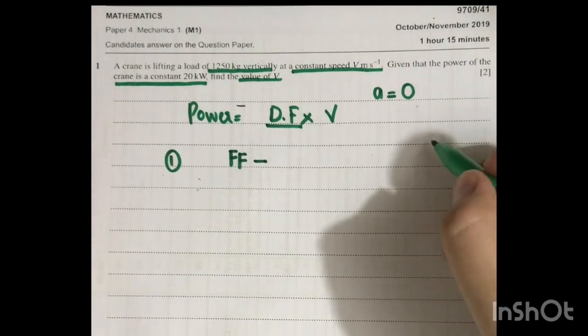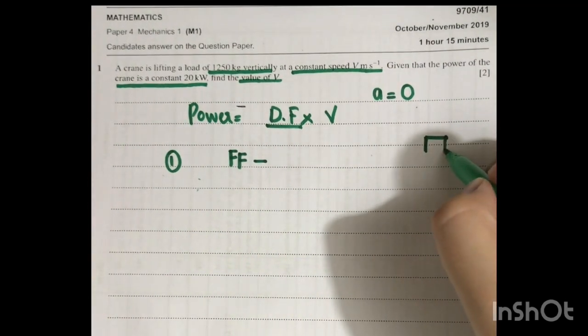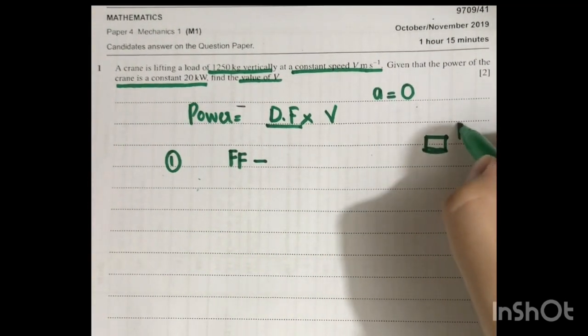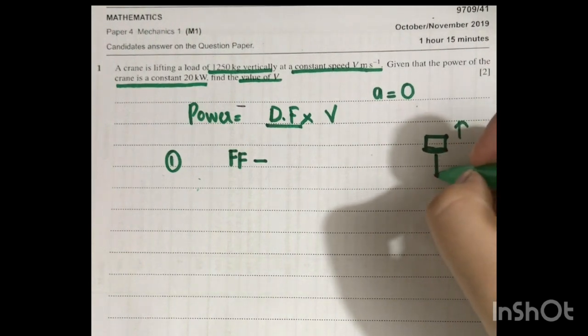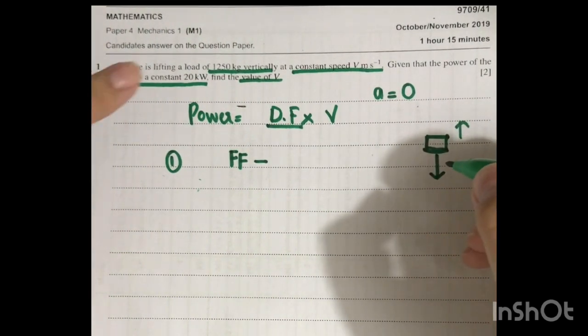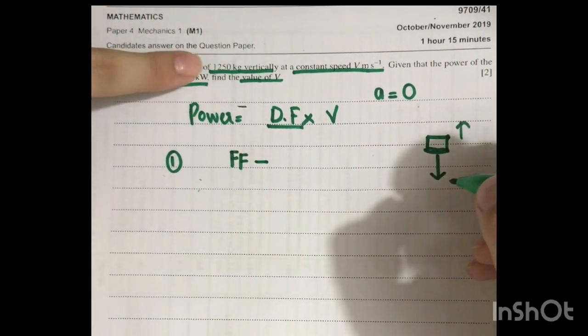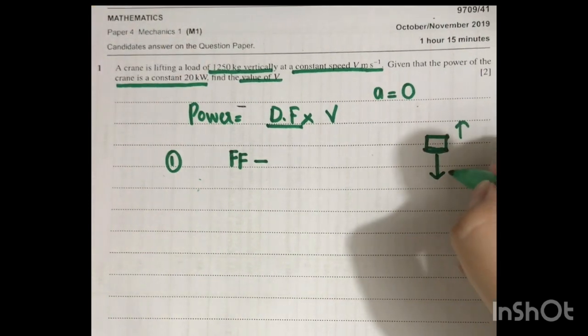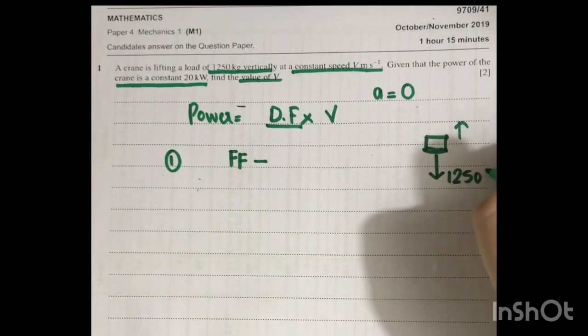So since it is moving the load vertically, the downward force, or the resistive force, will be the weight of the load. So the mass is 1250, which means that the weight will be 1250 times 10.